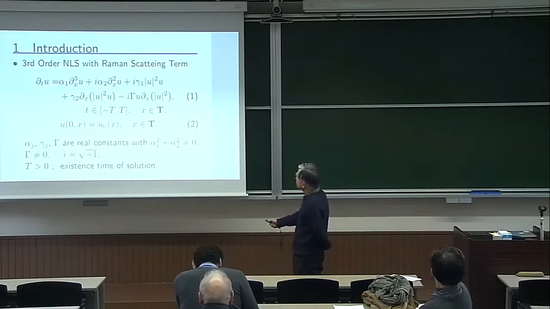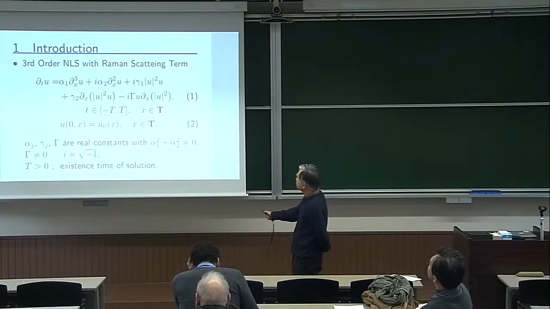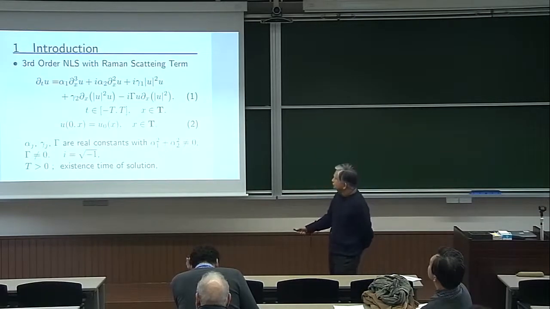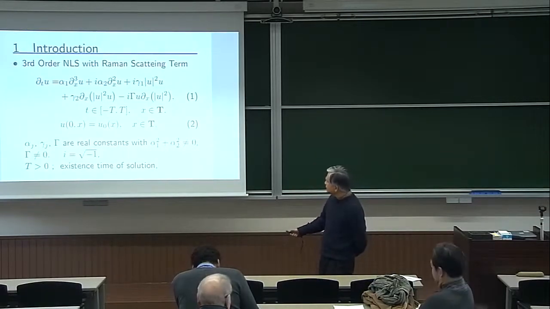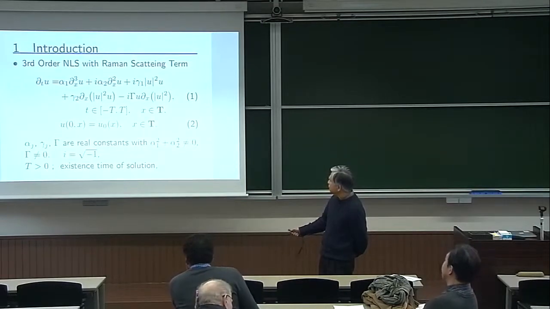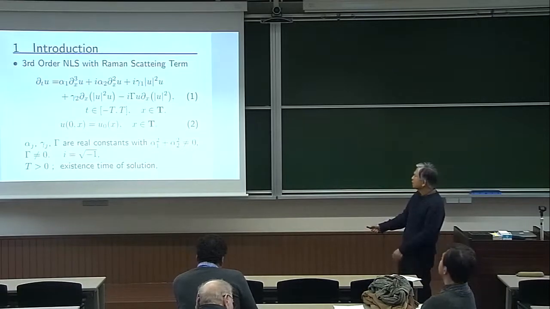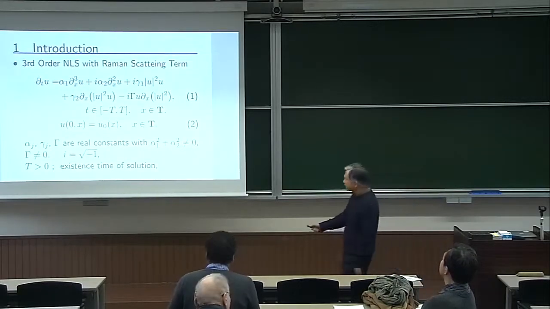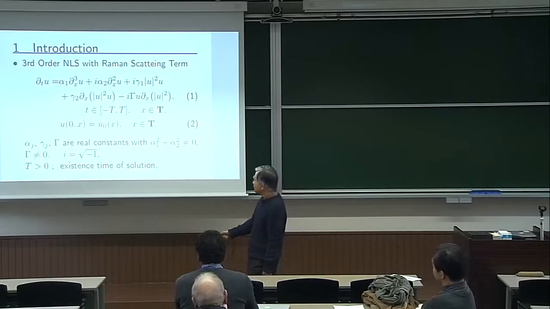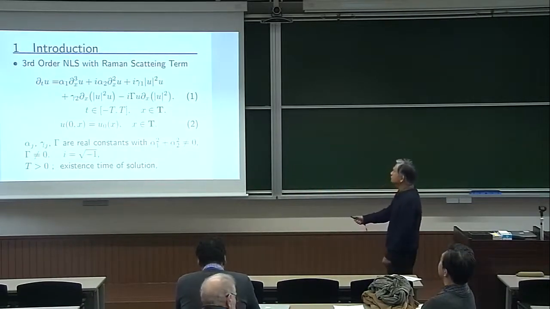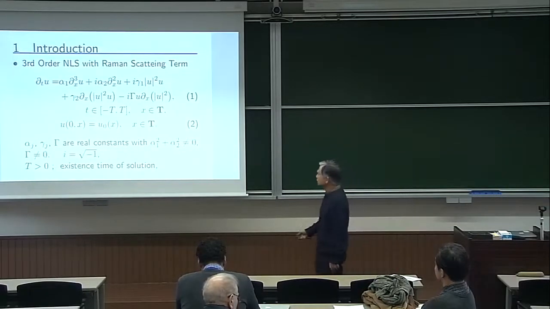And with initial condition, we consider the problem under a periodic boundary condition. So it's a torus, or a circle. Here the constants alpha j, gamma j, and capital Gamma are real constants, with both alpha 1 and alpha 2 not vanishing, and capital Gamma 1 is not equal to 0, of course, because in my talk this term is important.